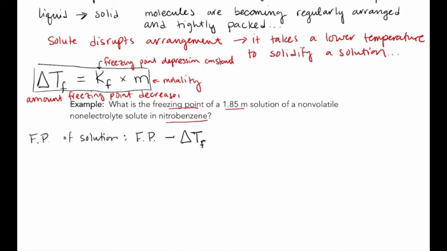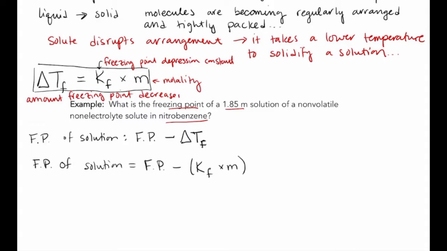We're going to subtract that temperature amount from the normal freezing point. That means the freezing point of the solution is equal to the freezing point minus this constant. For freezing point, it's a different constant than the boiling point elevation constant. It's a different number. So we take this freezing point depression constant times also the molality.